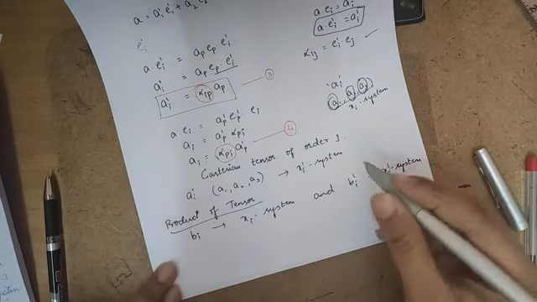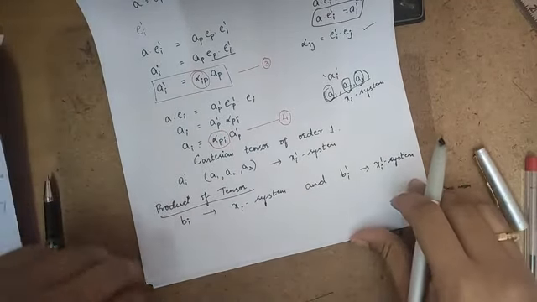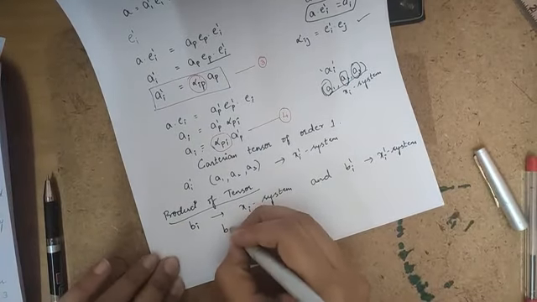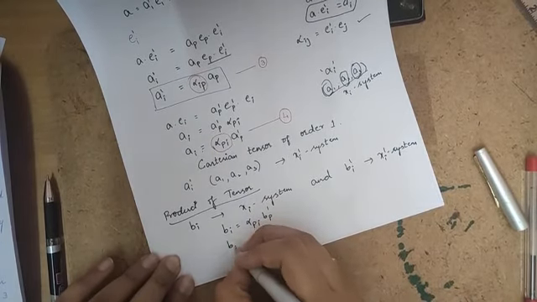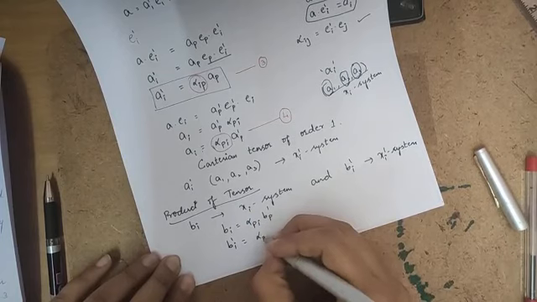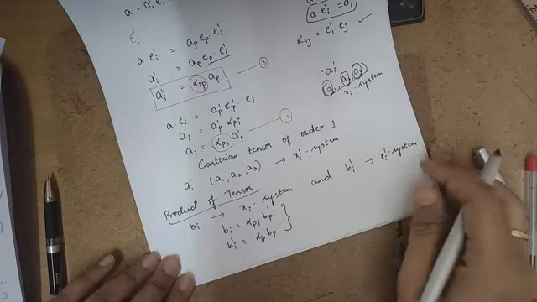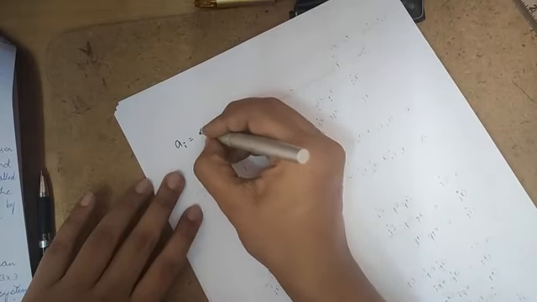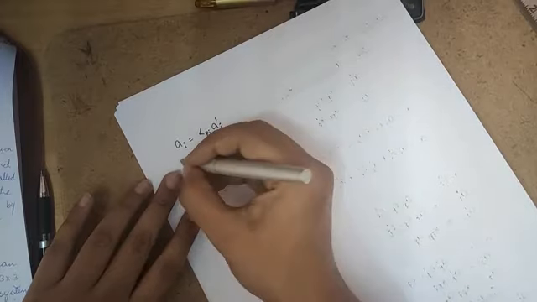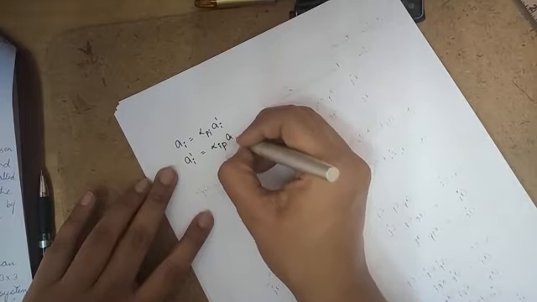From Cartesian tensor of order 1, I can write the transformation rules as Bi equals alpha pi Bp prime and Bi prime equals alpha ip Bp. So Ai is nothing but alpha pi Ap prime and Ai prime is nothing but alpha ip Ap.